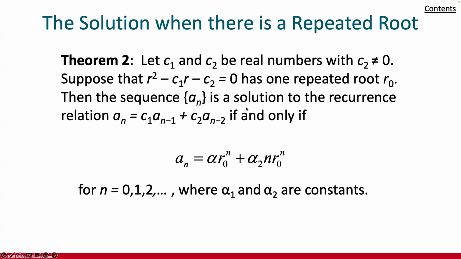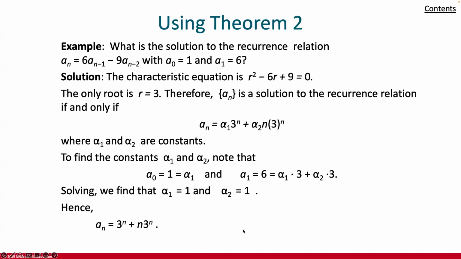Then the sequence a sub n is a solution to the recurrence relationship a sub n equals C1 a sub n minus 1 plus C2 a sub n minus 2 if and only if a sub n equals alpha 1 r0 to the n plus alpha 2 n r0 to the n for n equals 0, 1, 2, and so on, where alpha 1 and alpha 2 are constants.